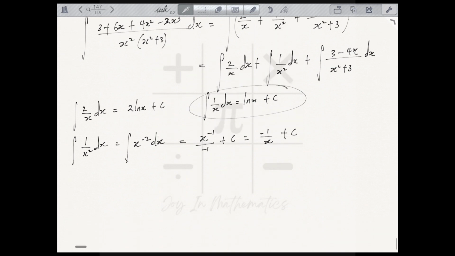Now how then do we integrate the last term, that is the integral of (3 − 4x)/(x² + 3) with respect to x?